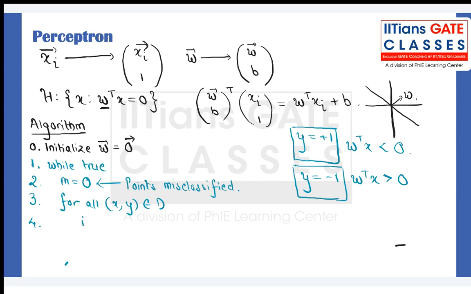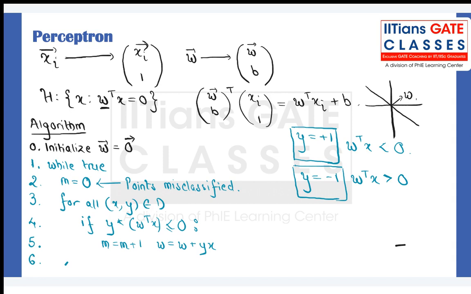If y times W transpose X is less than or equal to 0, then my claim is this denotes a misclassified point. So first you increment the misclassified count, and then you update the weight vector: W becomes W plus yx.